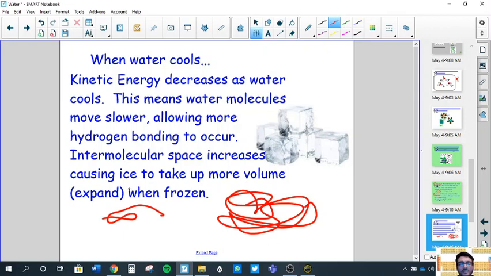Now, hydrogen bonding, just like any intermolecular force, requires a space between the molecules. If they're moving slower, that space can be created more slowly, so more hydrogen bonding will take place, with more distance between those two molecules. So we get an increase in volume. That's why water will expand if it's frozen, especially if it's more slowly frozen.